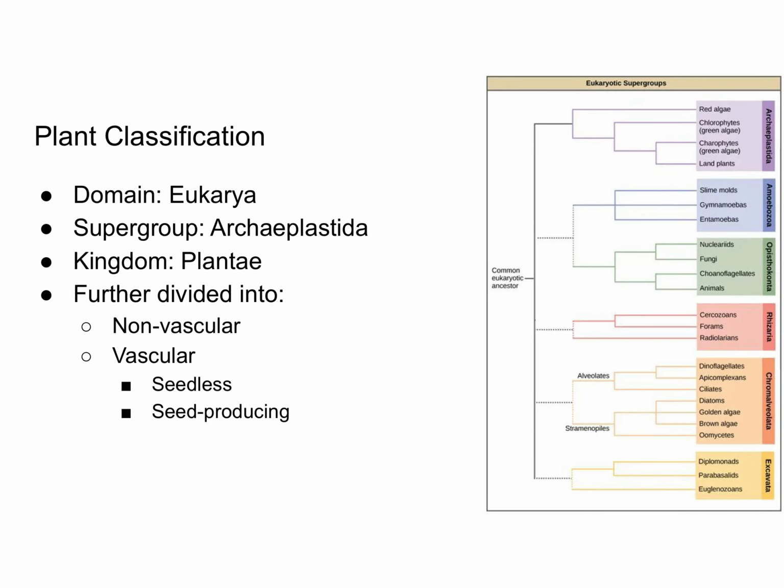So let's talk about how plants are classified taxonomically. So remember that the most encompassing or kind of the most general level of classification is the domain level. And we've talked about other domains before. We've talked about the domain bacteria and the domain archaea.